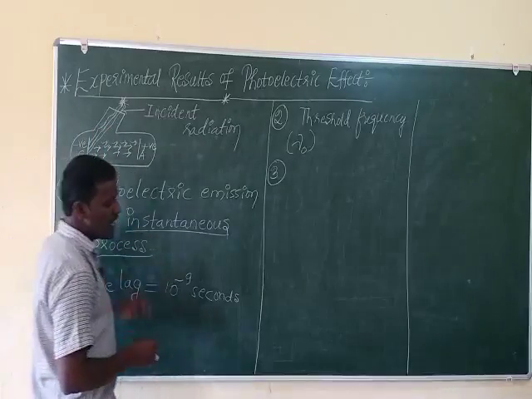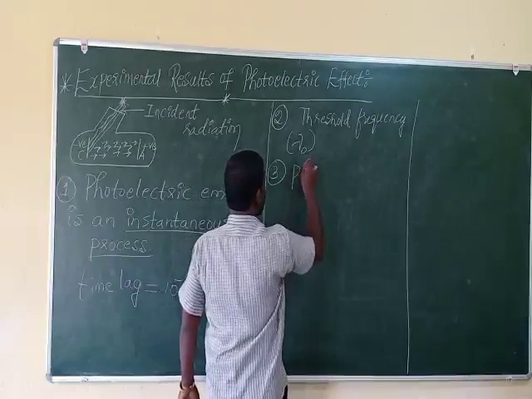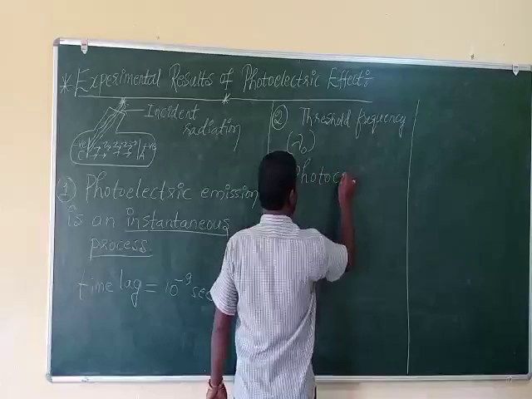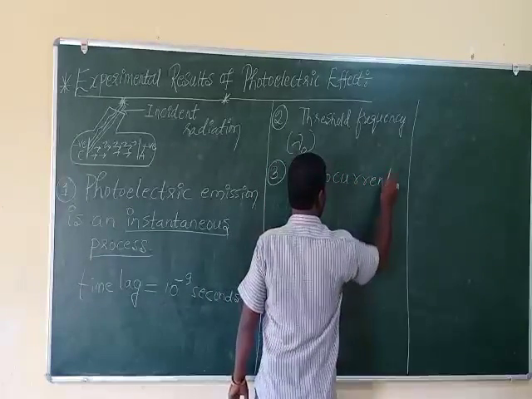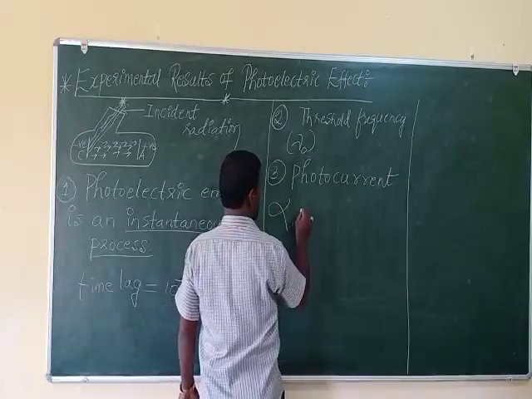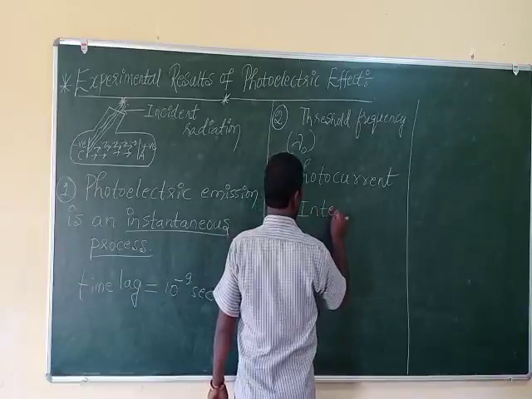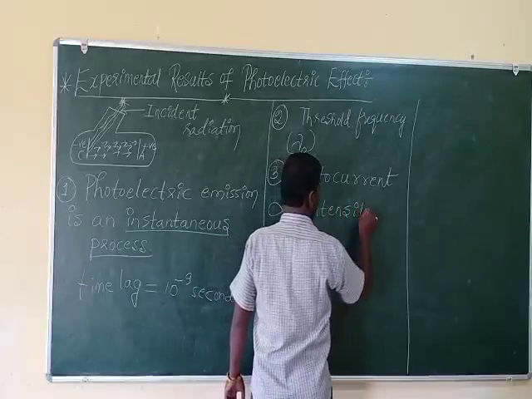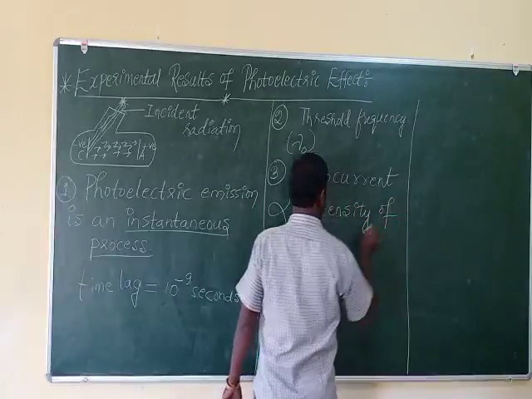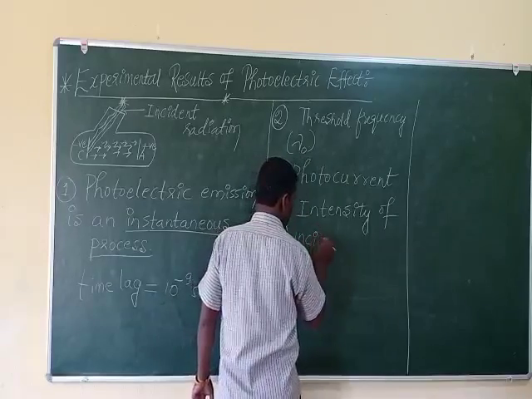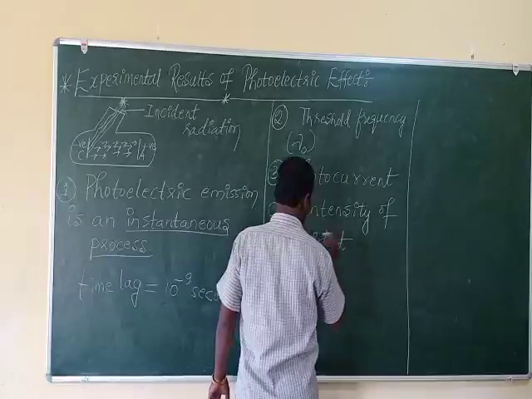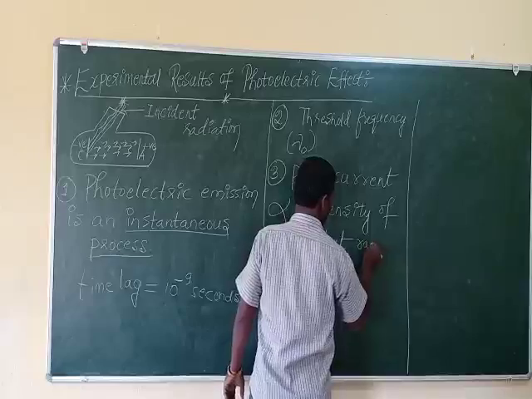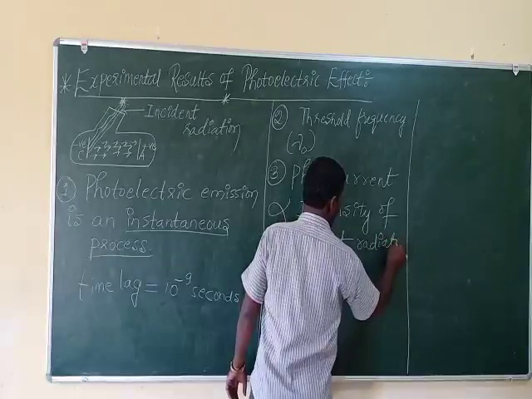So the third point is, photocurrent is directly proportional to intensity of incident radiation.